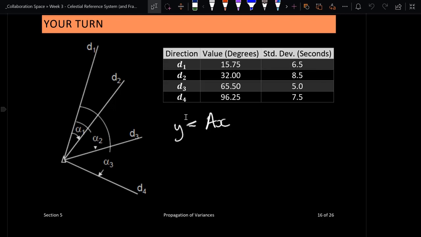In this case, the values that we're computing are the internal angles. So we'll put those into a little vector here.